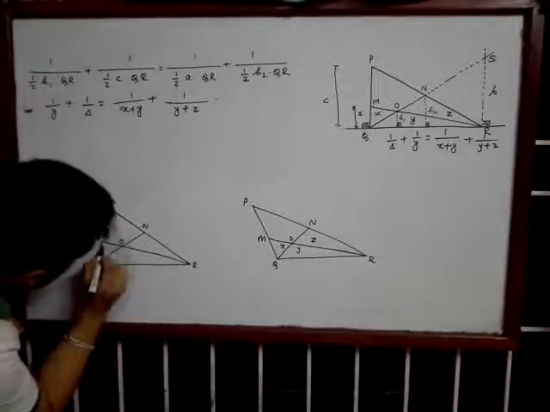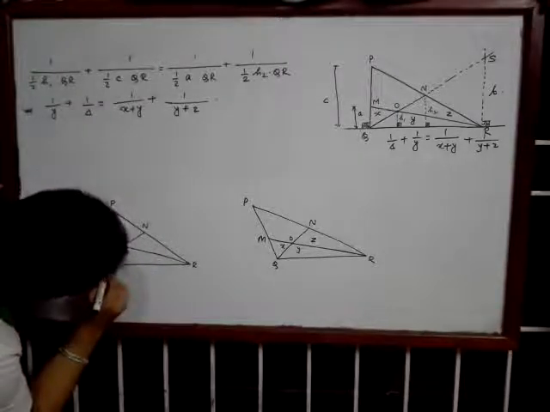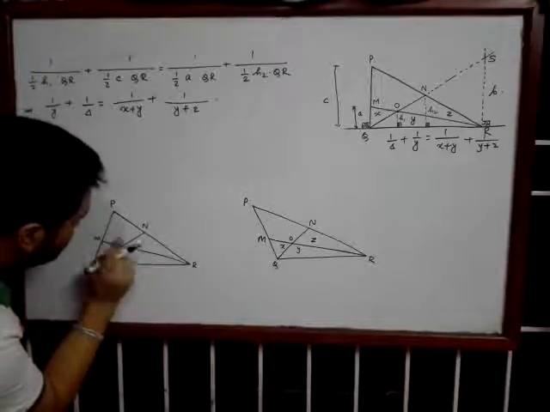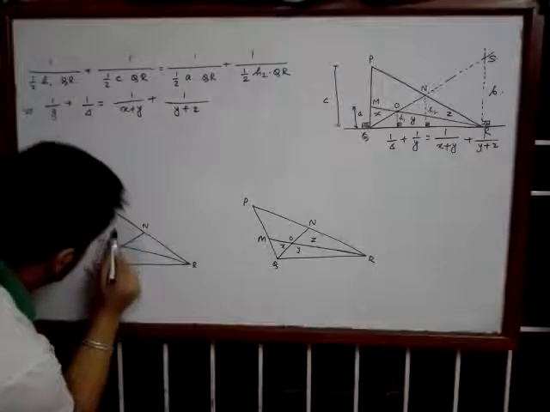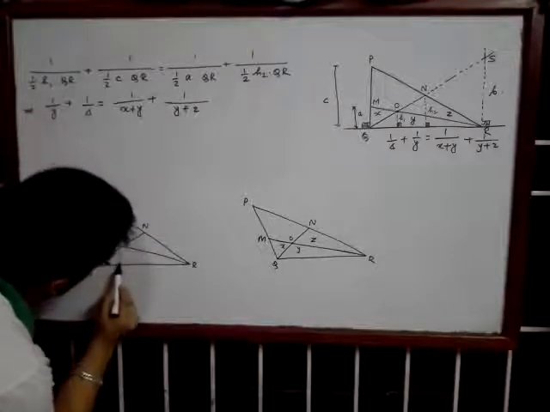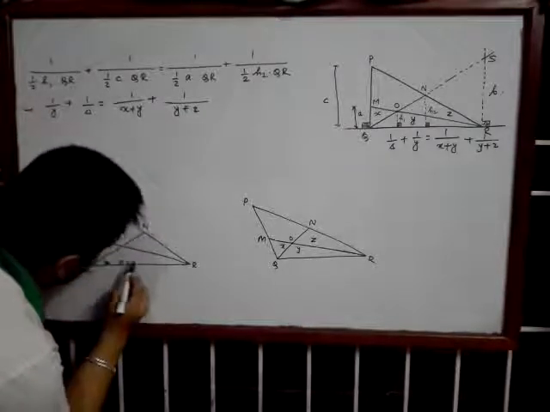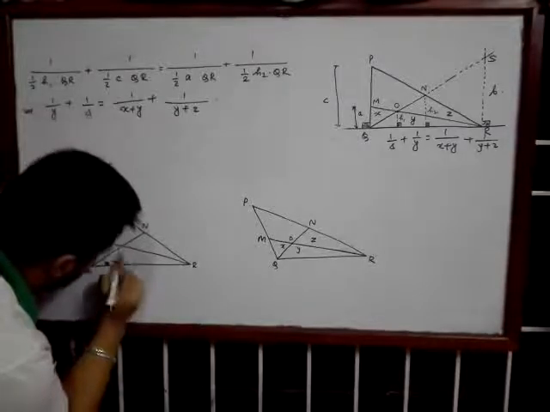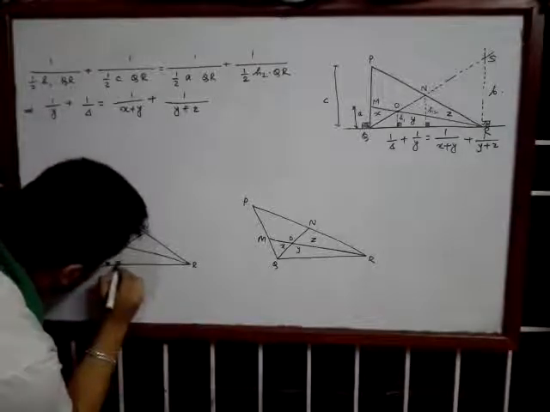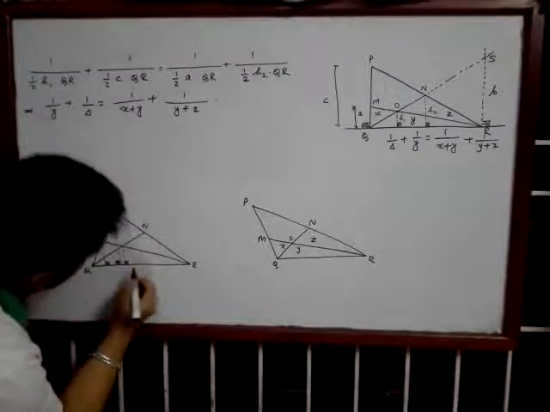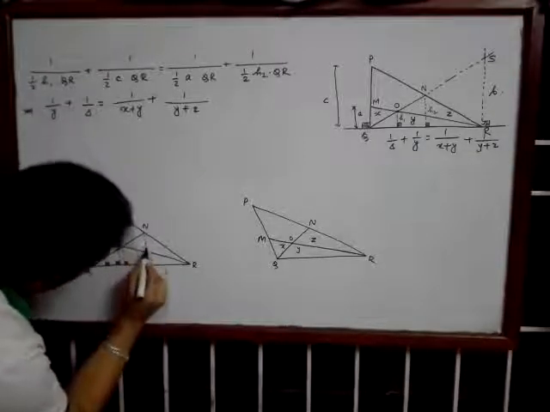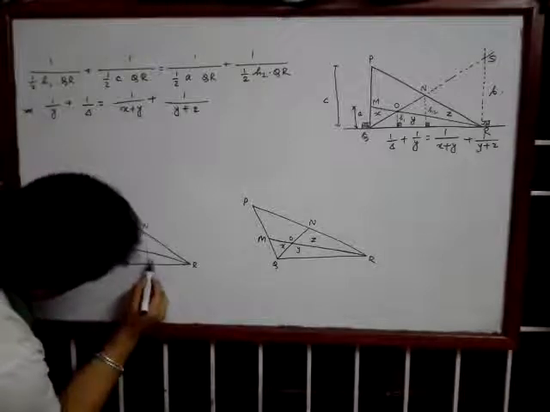Now let's drop a perpendicular like this, another perpendicular like this, another like this, and another like this.